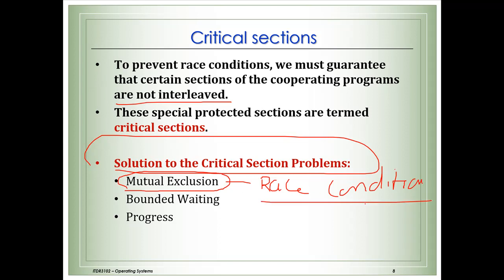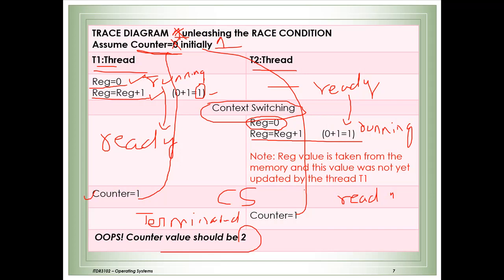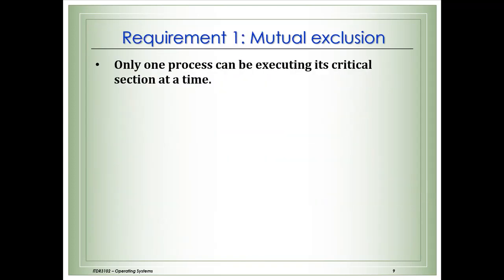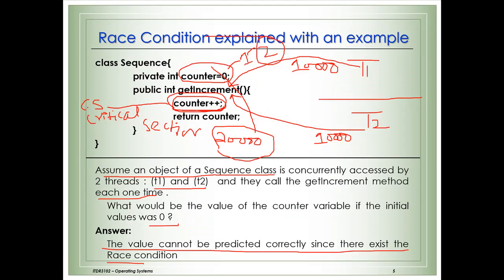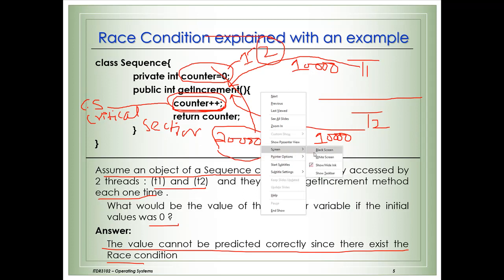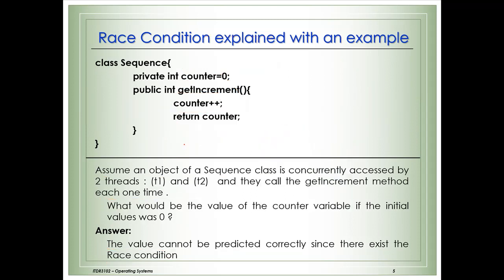Mutual exclusion. So, what is mutual exclusion? So, this is the critical section here. There are two threads, T1 and T2.